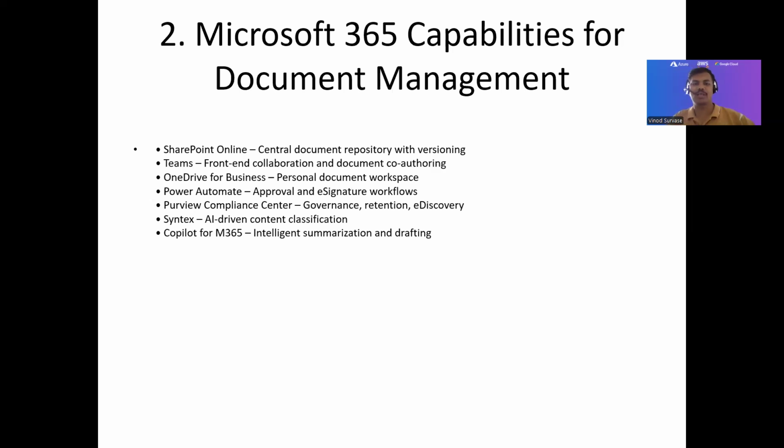Now you might say, okay, these are the different capabilities, but as an organization, are they going to use this, or should we use it, right? Definitely there would be different pros and cons and questions, whether we should rely on SharePoint, Teams, OneDrive for Business, and how Power Automate can help us in different scenarios.